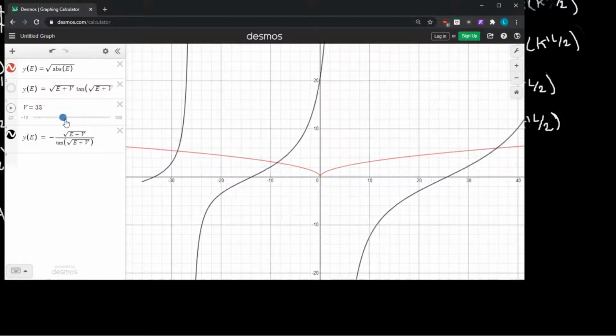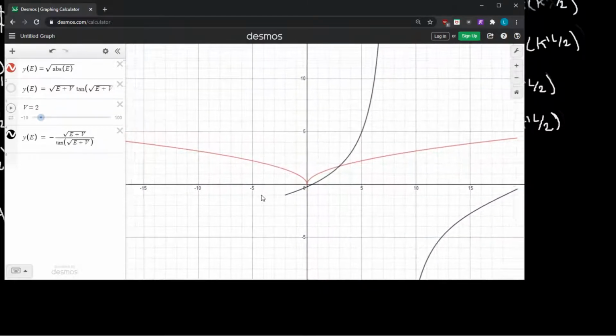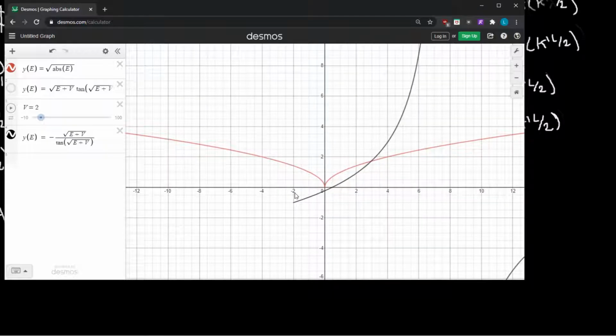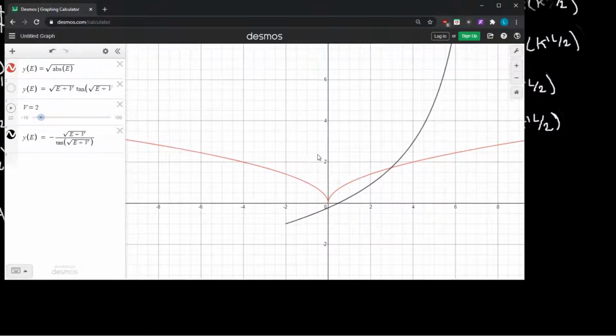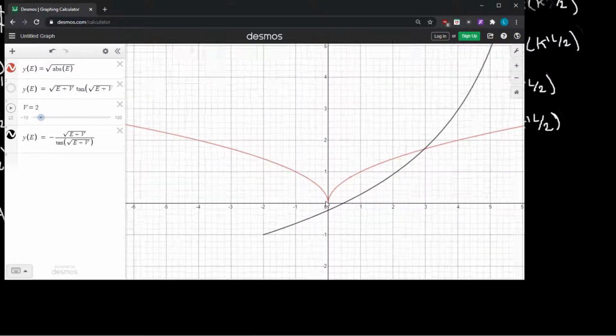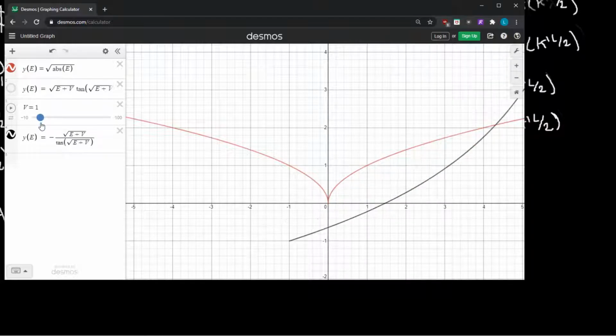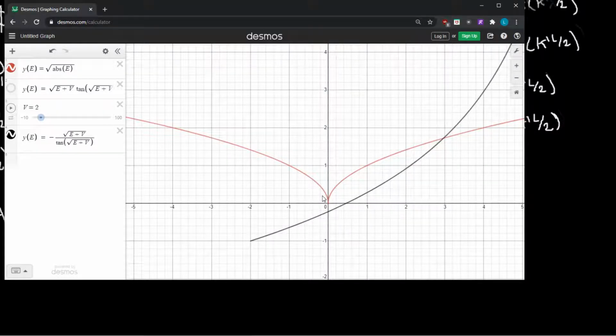Only for the odd solutions, remember, for the even solutions no matter how small V was, there was always an intersection, so there's always one bound state. But for the odd solutions, if V is too small, you can see I don't get any intersection. So V has to be larger than a certain value for there to be a bound state. That tells us that as we take the limit of V going to be very small, there's only one bound state, which is that even state.